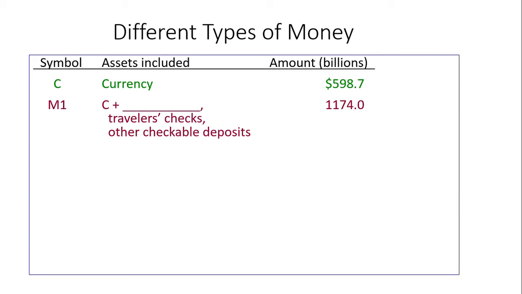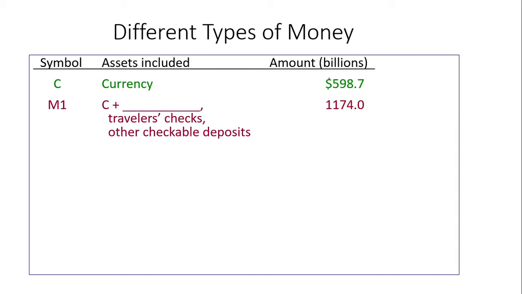Now you see that if we see the quantity of money here, for currency it was around $600 billion, and now for M1 it adds the checks and checkable deposits. So if we have a savings account at hand, we can issue checks. Now this is a time that we are talking about when checks were very much popular.